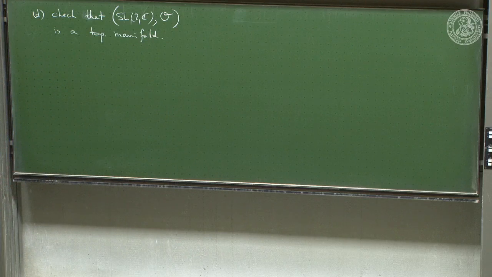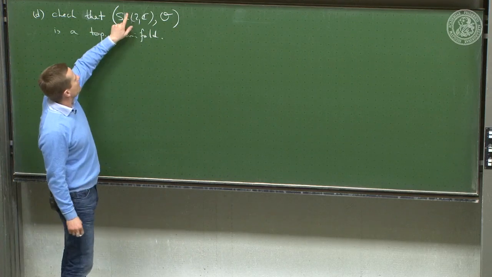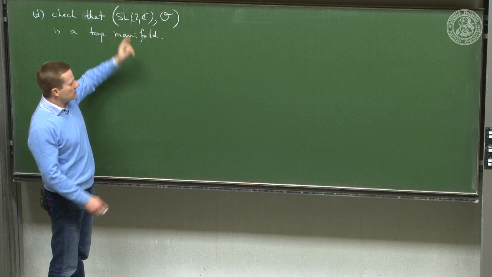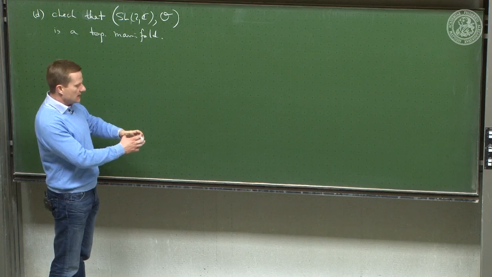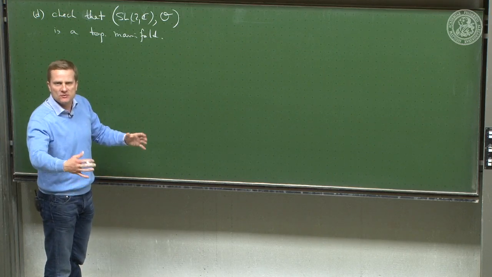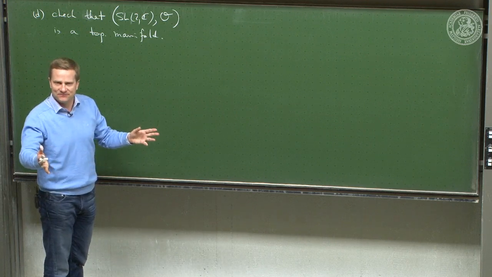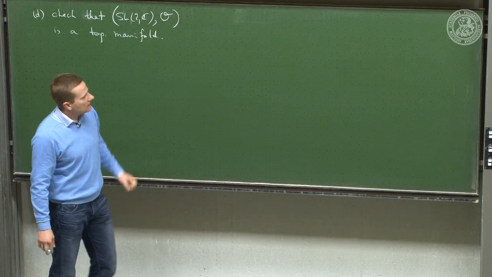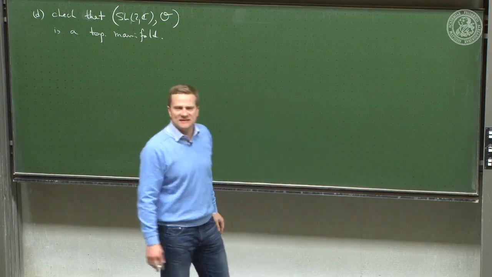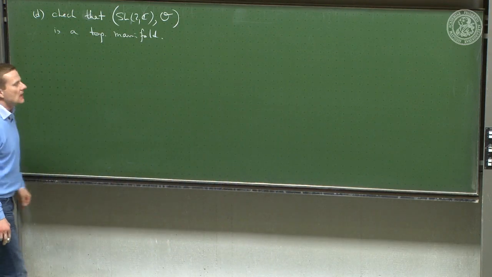So what was that? If it's a topological manifold, that means by definition that around every point of this topological space you find an open set that you can map homeomorphically to some R^d. Now here, of course, we can do all these constructions and map homeomorphically to some C^d.